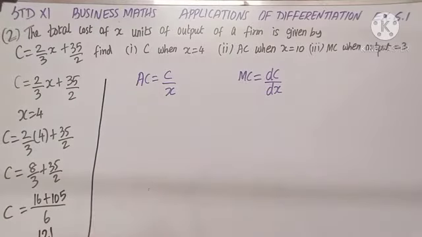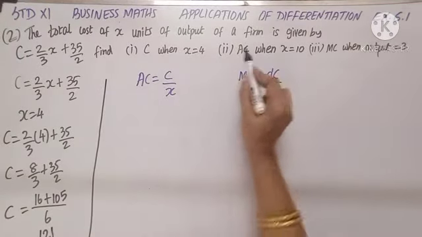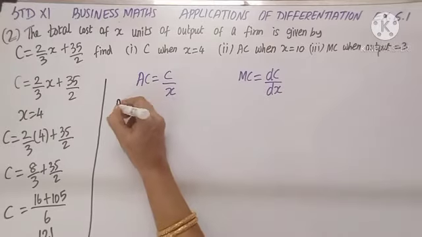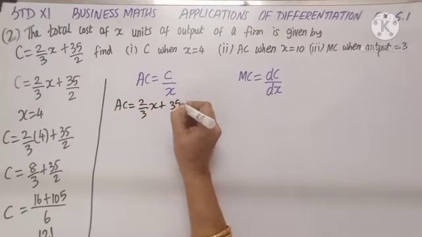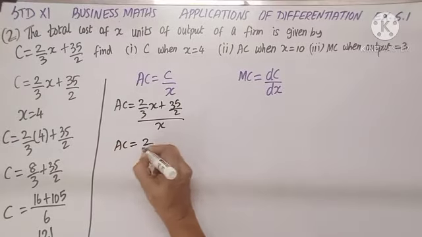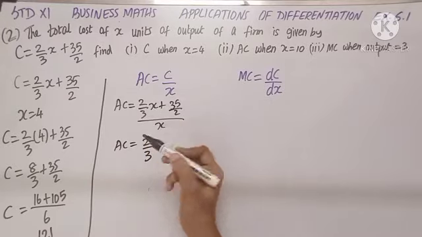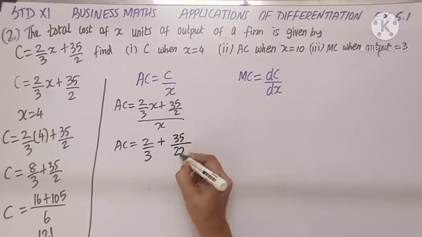As we calculate cost, let us proceed on to average cost. Average cost is C by x. C is 2 by 3x plus 35 by 2 divided by x, or 2 by 3, x by x cancels, plus 35 by 2x.